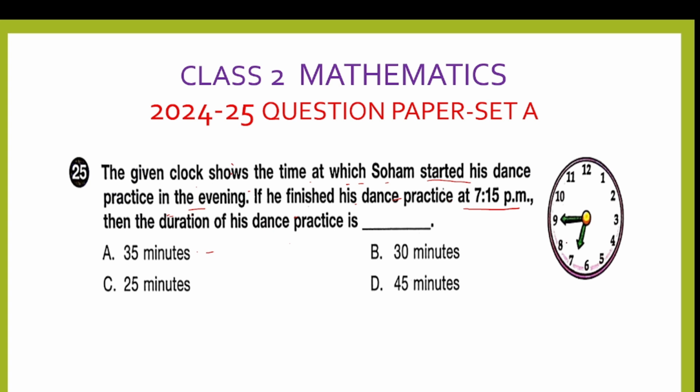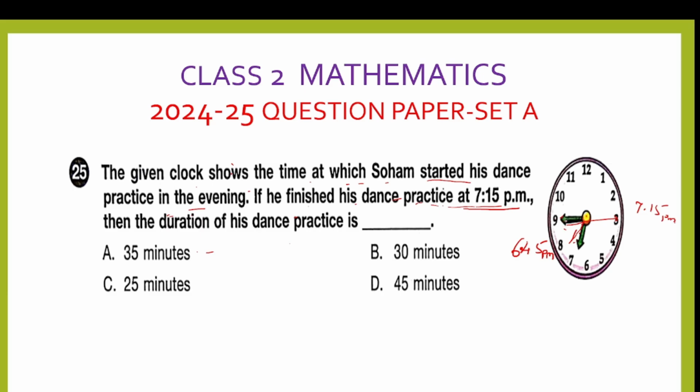If you observe the clock here, this time is 6:45 p.m. His dance class starts at 6:45 p.m. and will finish at 7:15 p.m. So we have to find out the duration of his dance practice.